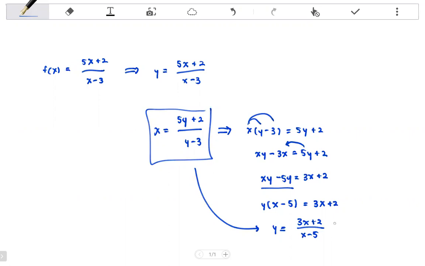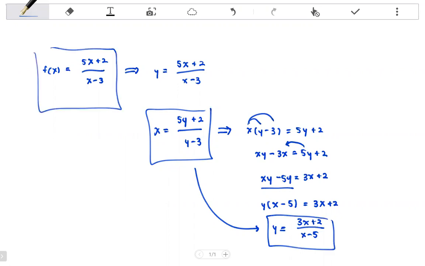But this is going to be the inverse of this f of x. So to answer the question, what is the inverse of f of x? You might have written it like that, or you might have written it like f negative 1 of x. They're both the same thing. You can just leave it as y equals.